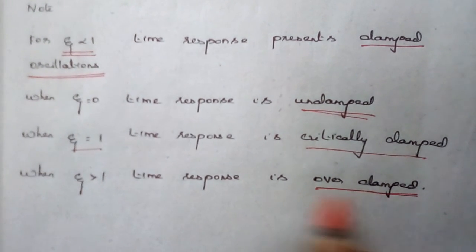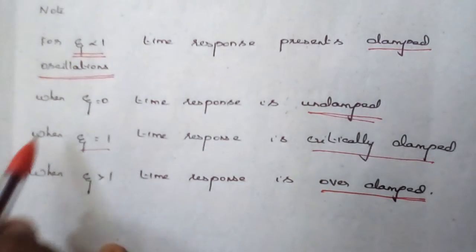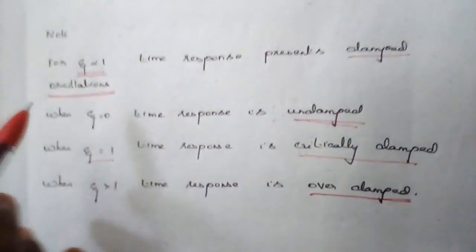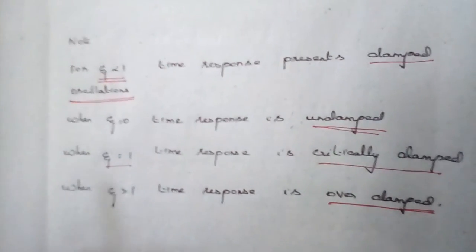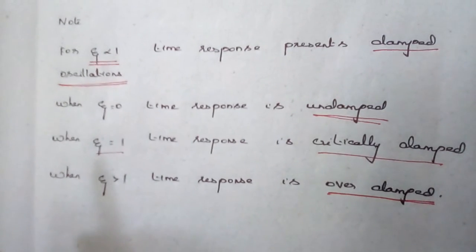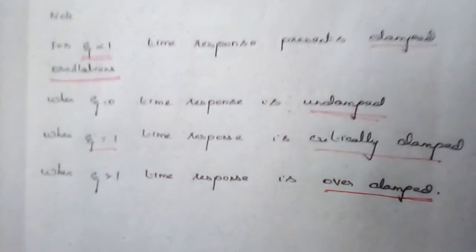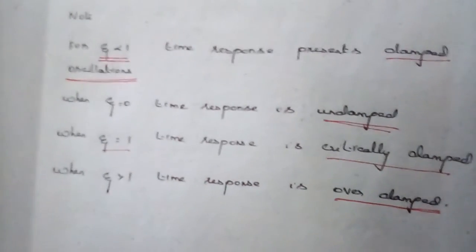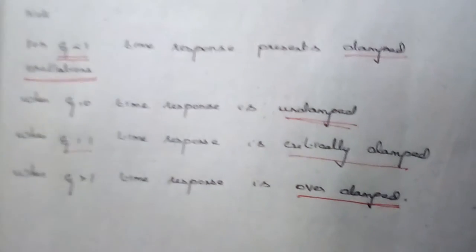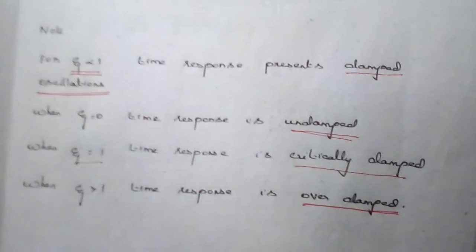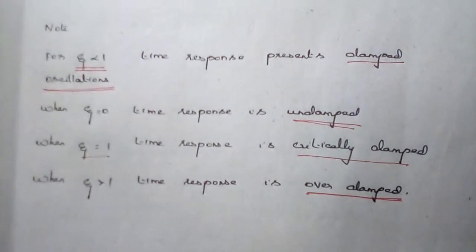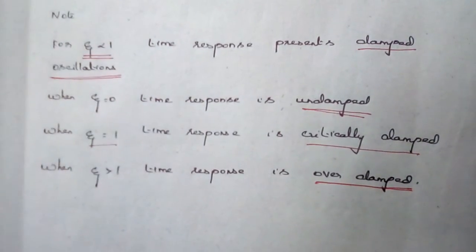To verify that damping ratio, we have analyzed the time response of the second order system with step input. Finally, with the analysis, we have concluded that the steady state error is 0 in the steady state value, and the time response is exponentially decaying.